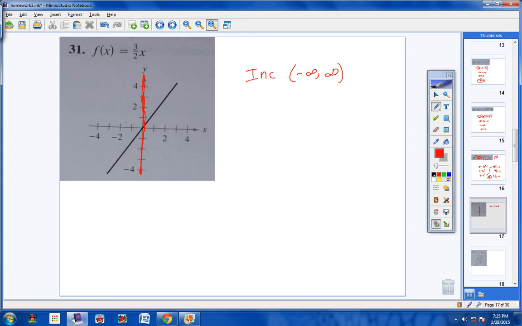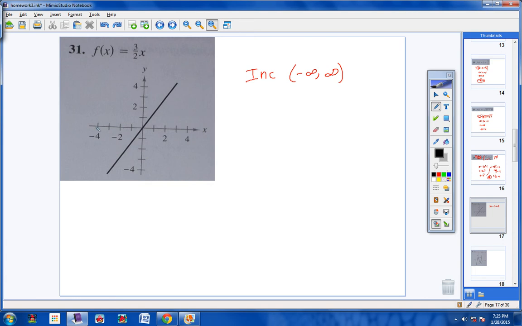Now, if the graph looked like this, if the graph was V-shaped like this, then yes, when you folded this sheet of paper right on this y-axis, this line here would fall right on top of this line here. Thus, we would have y-axis symmetry, but that's not going to happen here. Well, the other thing we can do is we can fold it on the x-axis and then fold it on the y-axis, and that'll show us whether or not we have origin symmetry.